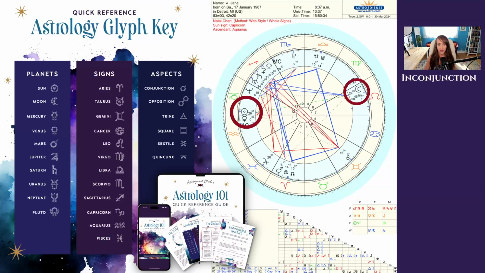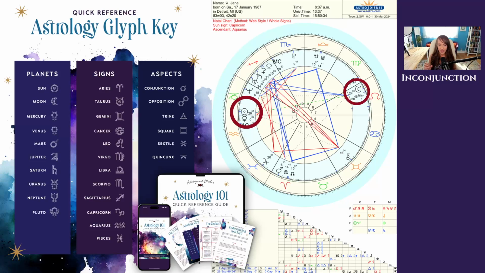And then finally, I always look at inconjunctions, also known as quincunx aspects, because they really pack a punch in the birth chart. They're considered to be minor aspects, but I think they're pretty major. In Hellenistic traditional astrology, these are known as aversions, when 2 planets are in signs that don't have anything in common.